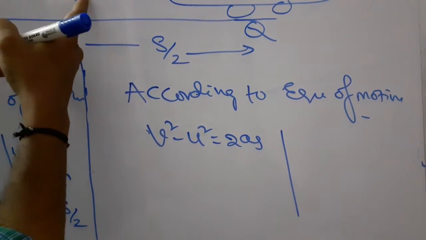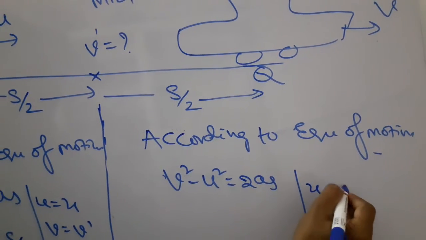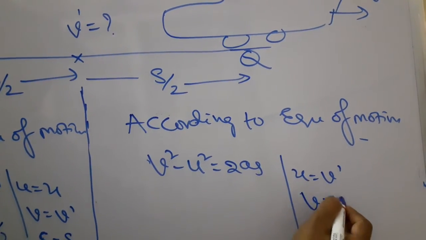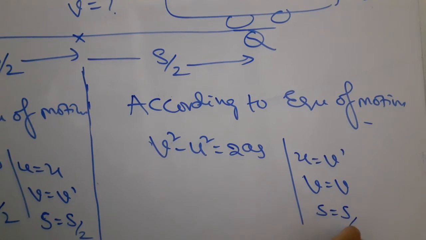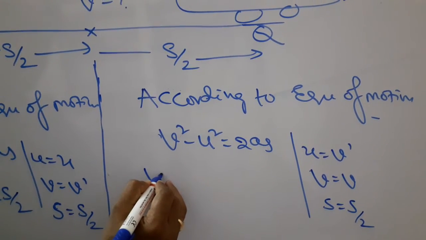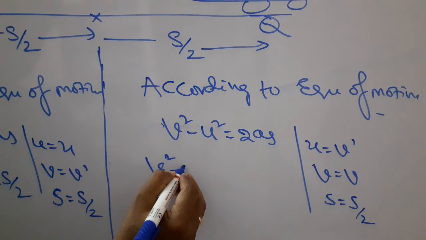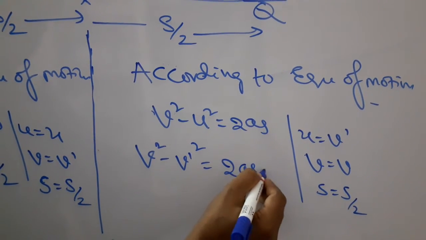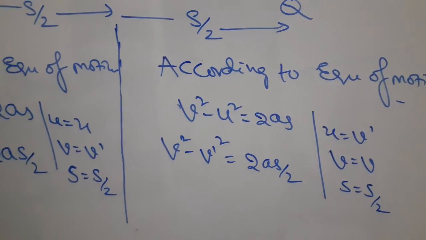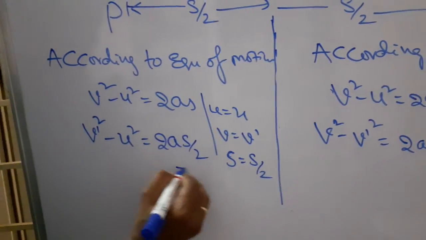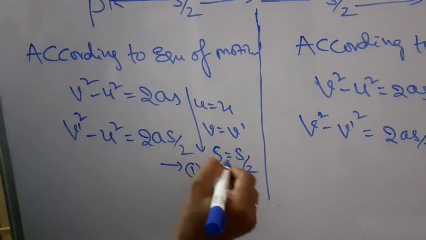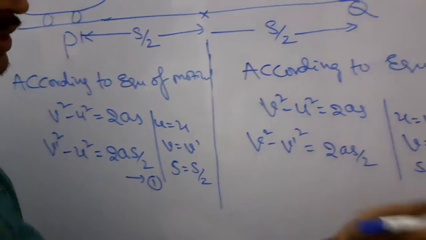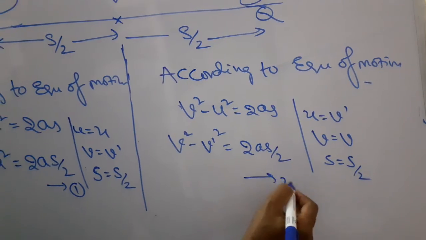Conditions: here this is the initial velocity v dash and here is the final velocity v. Distance is s by 2. Therefore v square minus v dash square is equal to a into s by 2. So this is equation 1, and equation 2 follows from these conditions.